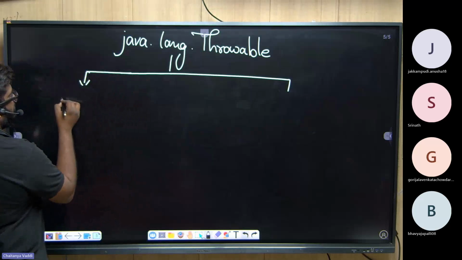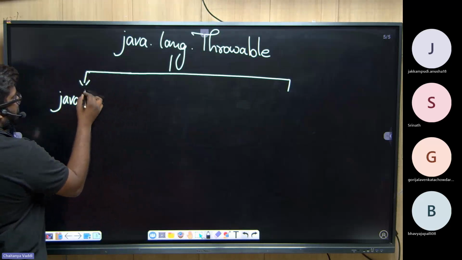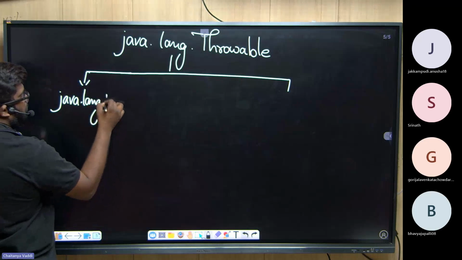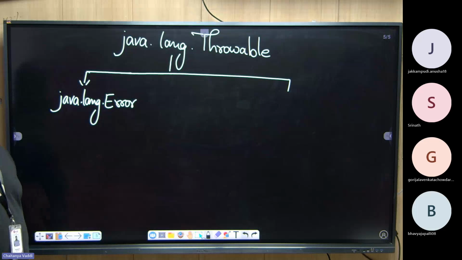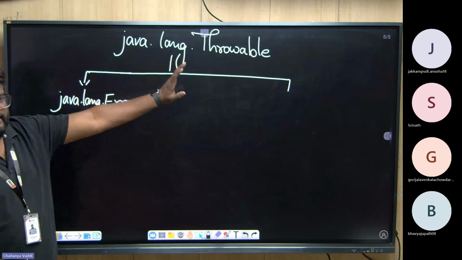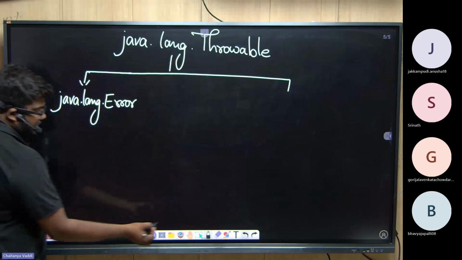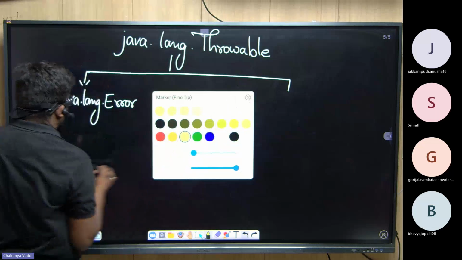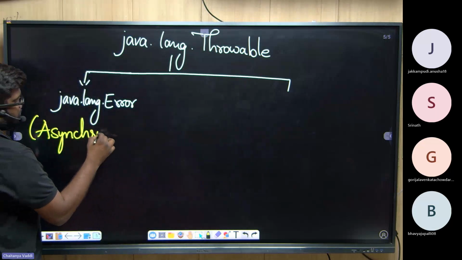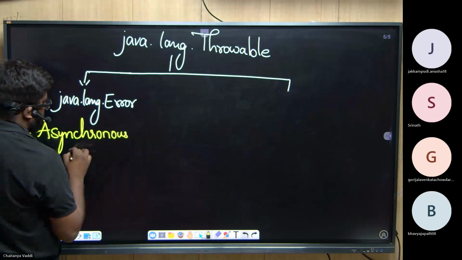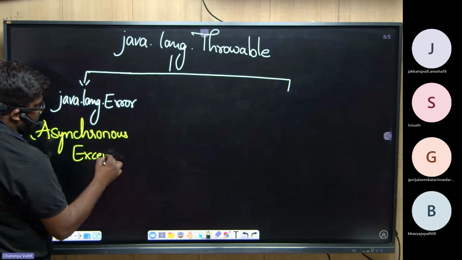So we will have java.lang.Error, which is a subclass of the Throwable class. This class can be considered as asynchronous exceptions.